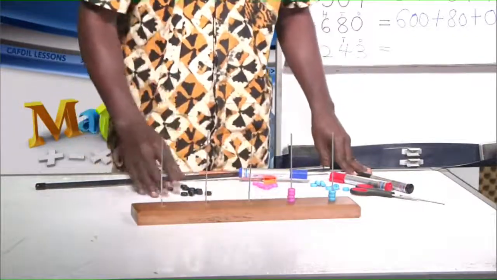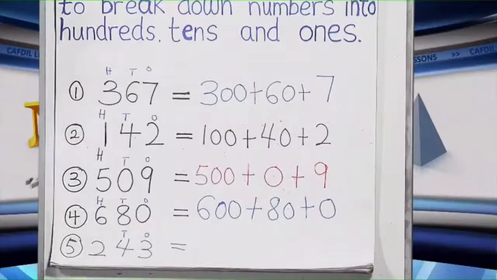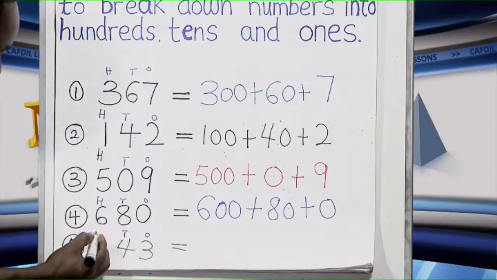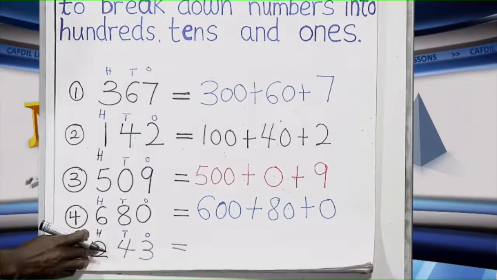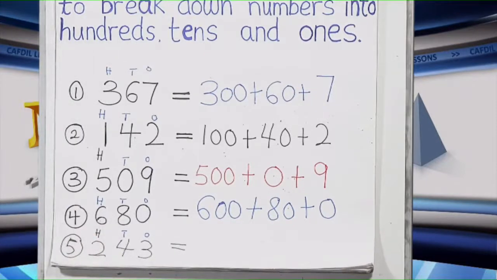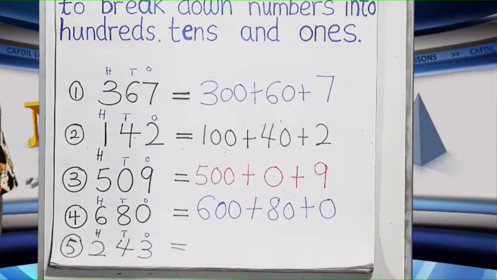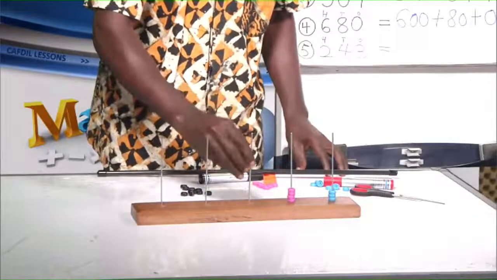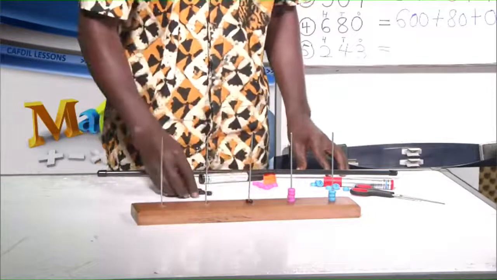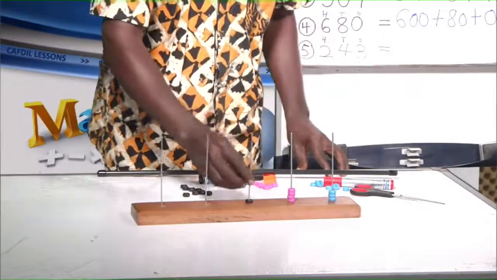Let's come to the hundreds column. For the hundreds column, we have 2. So 2 hundreds. So let's count 1, 2.